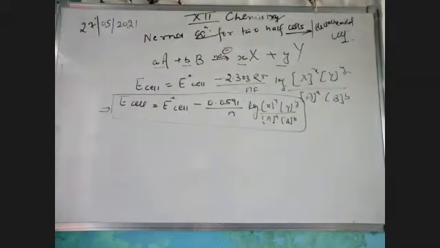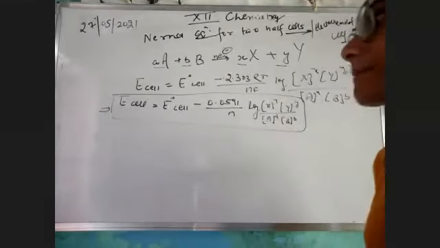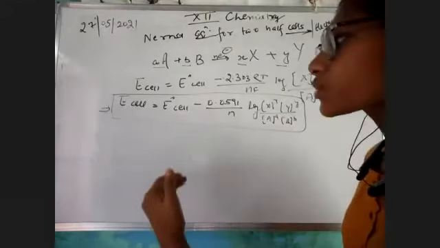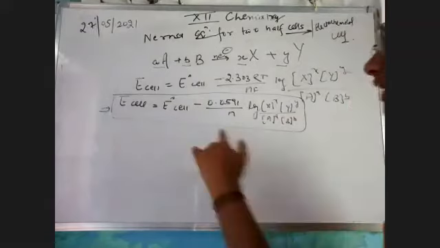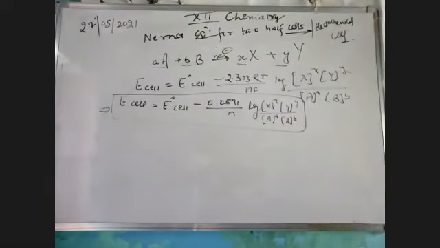Okay, so this is my complete Nernst equation. I hope you have got the point. Now, with the help of two examples, we will solve Nernst equation problems, yesterday's class and this class also. Okay, let's take a simple example.